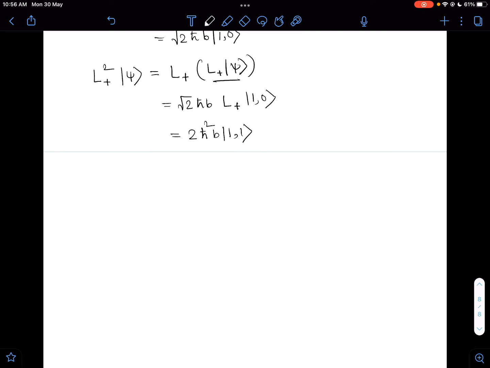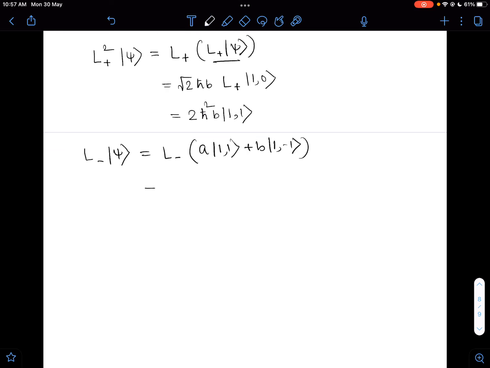Similarly, let us now calculate L minus on psi. L minus, we have 1 for L, and psi is A|1,1> + B|1,-1>.